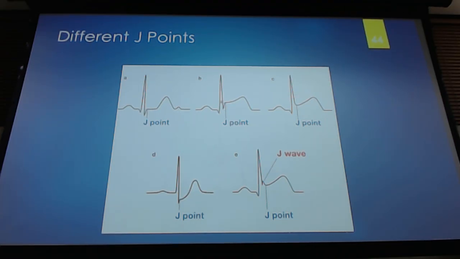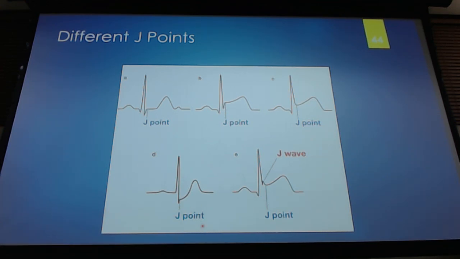Here the J point is elevated as well, but it's a smoother transition. You don't see a distinct point where we go from the end of the QRS complex into the ST segment. It's kind of coming down and rounding up into that ST segment.